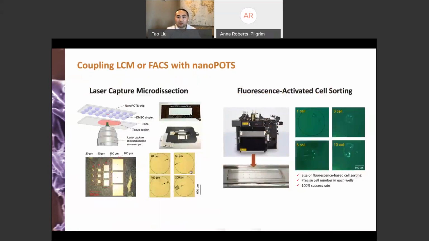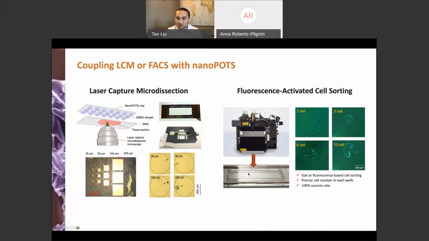We have been using this for a lot of upfront technology in terms of transferring single cells into the reaction vessel, the nanowells. In this case, obviously you can couple it to FACS sorting, very straightforward.